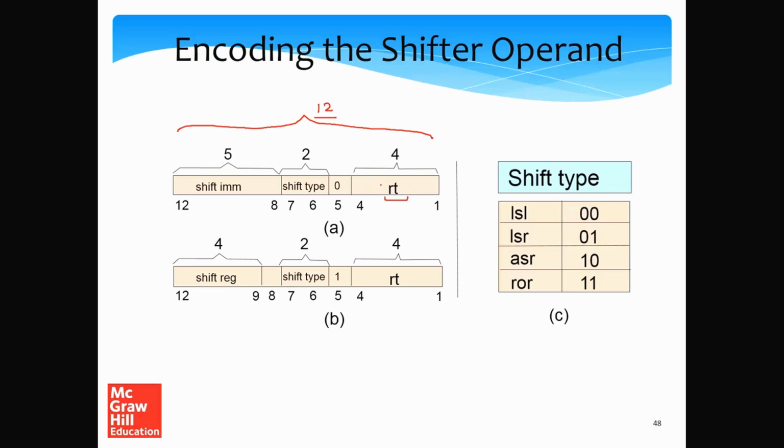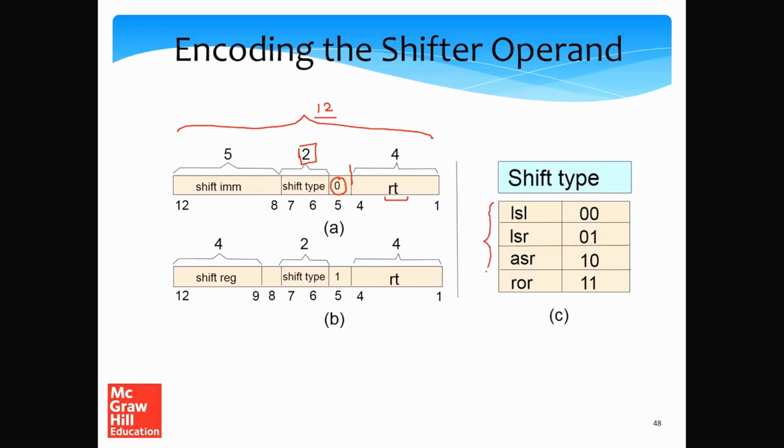This register is specified as the lower 4 bits. This is called register RT. The fact that we are shifting it by an immediate value is encoded in the next bit, which if it is 0 means we are shifting it by an immediate value. We have 4 kinds of shifts in our ARM ISA: LSL, LSR, ASR and ROR.